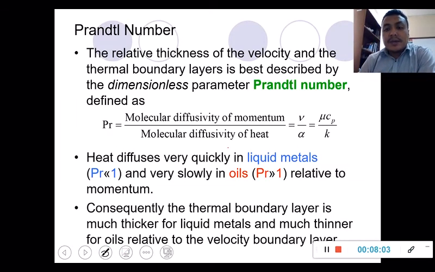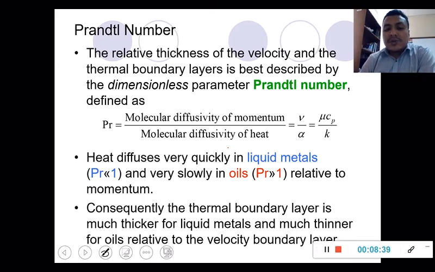The second number we are going to use in convection is the Prandtl number. The relative thickness of the velocity and thermal boundary layers is best described by the dimensionless parameter Prandtl number, defined as the molecular diffusivity of momentum divided by the molecular diffusivity of heat, equal to nu divided by alpha, equal to mu Cp divided by k.